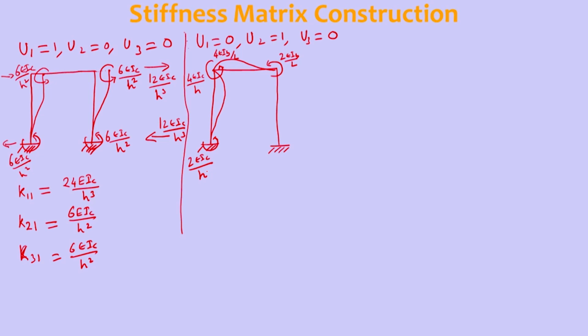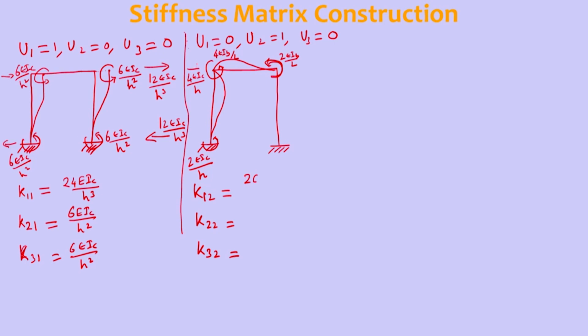Now if we develop stiffness coefficients from this one, K12, K22, K32. K12: this is an anticlockwise moment here, anticlockwise here. This is the beam reaction, beam moment. So this is 4 EI by H and 2 EI by H together, which will be 6 EI by H unbalanced.